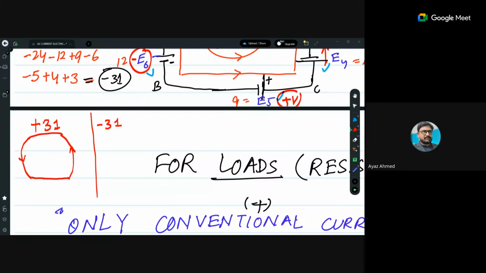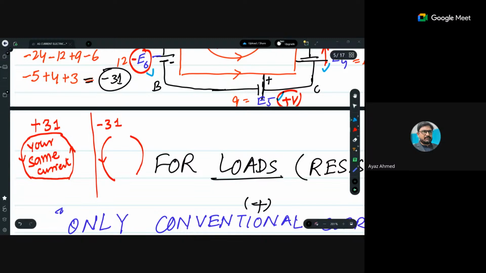Got it? So when your answer is positive, your direction is the same as the actual current direction. Got it? And negative means your direction is opposite to the direction of current, right?